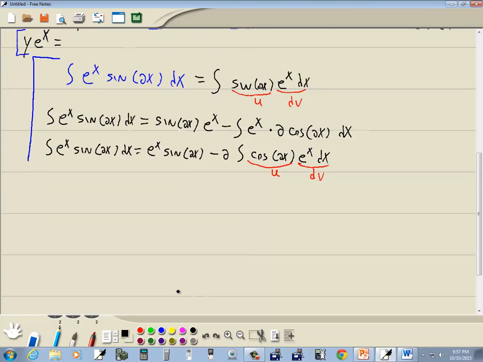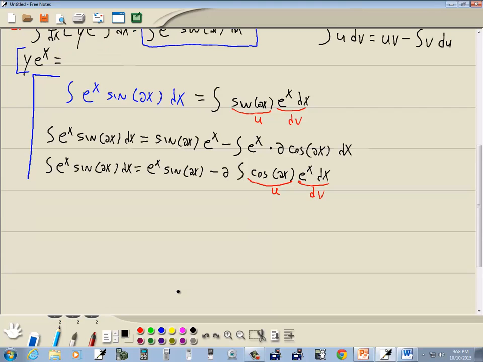Okay, so we're going to have the integral of e to the x sine 2x dx equals e to the x sine 2x minus 2, and I'll put a bracket because this 2 has to be multiplied times everything that follows it.